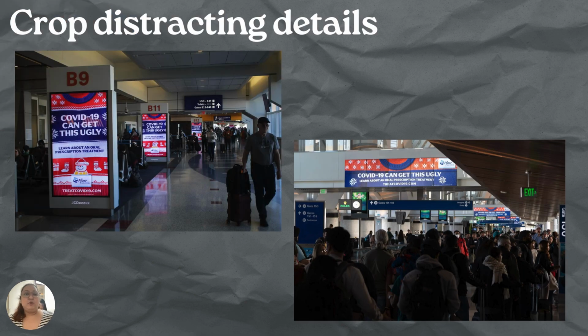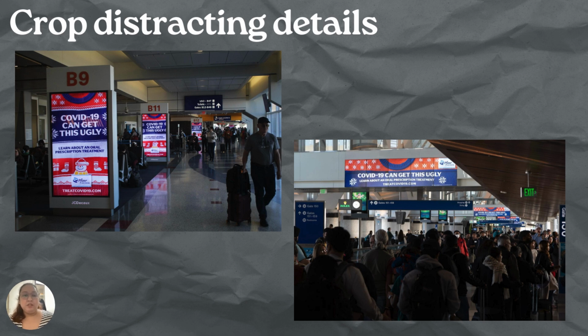The next key point is to crop distracting details. These are two photos of the COVID-19 "can get this ugly" campaign using an ugly sweater, reminding people that we should continuously wear masks and protect ourselves so that our holiday season will not be ugly.